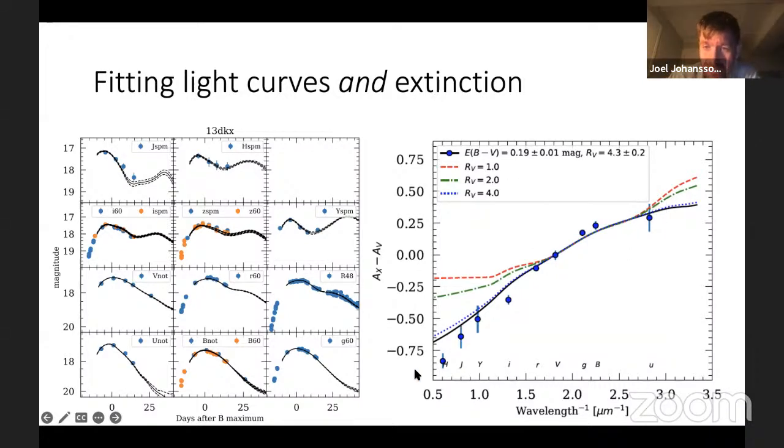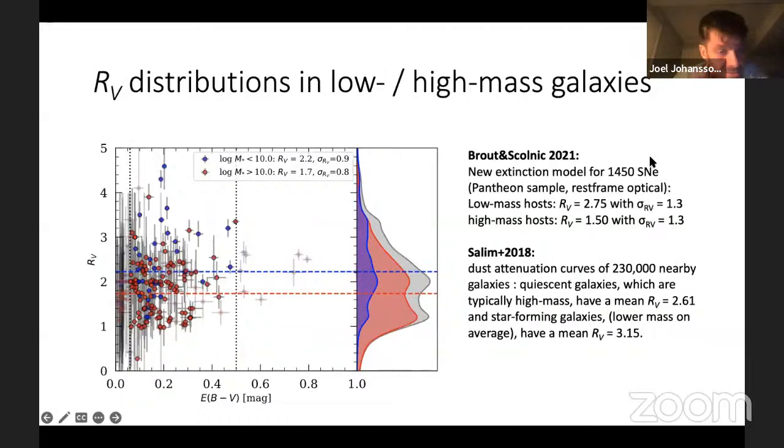So this supernova wants to have an RV value that is higher, actually around 4, which is not unobserved. But for a lot of supernovae, we can measure in principle this RV parameter for every supernova individually.